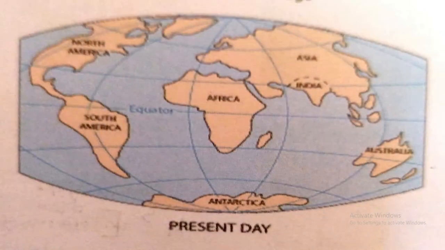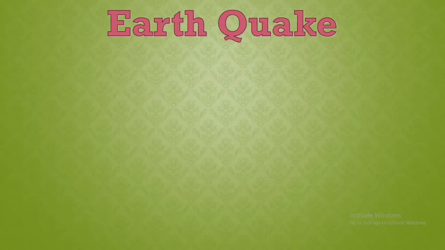Now what you are seeing is the present-day globe. You know very well it has been divided into 7 continents, separated by water bodies, by the oceans. Okay children, this is how the Pangaea has been divided into 7 continents.